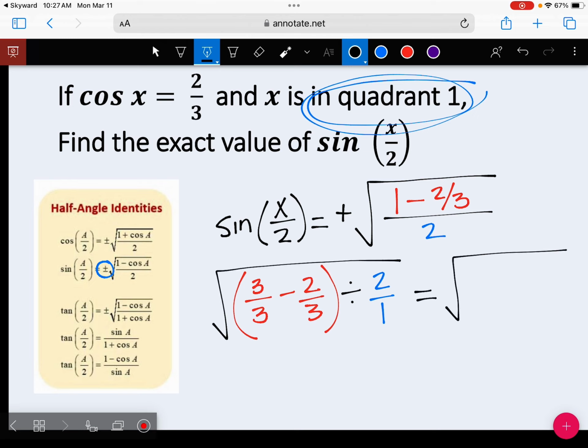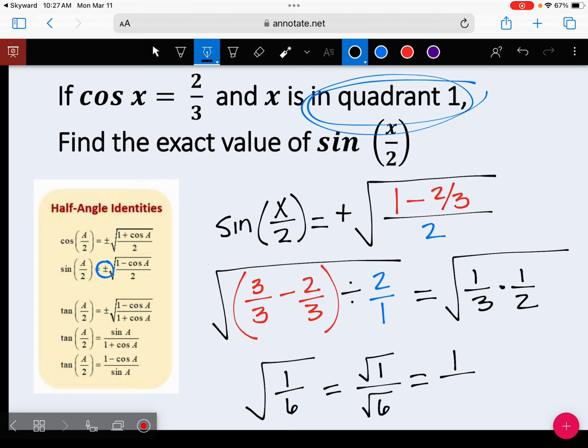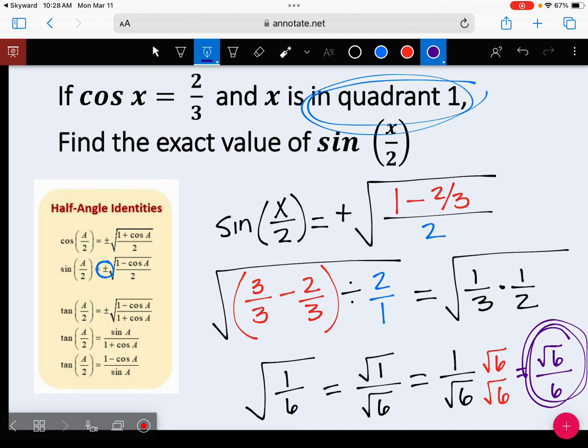And then that breaks down to be 1/3 times 1/2, which is the square root of 1 over 6. So that 6 is a problem, but we know how to take care of it. And we end up with root 6 over 6 as our final answer.